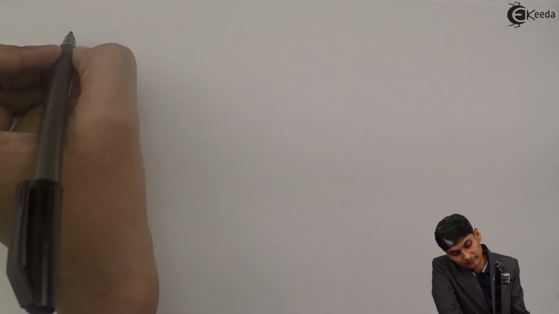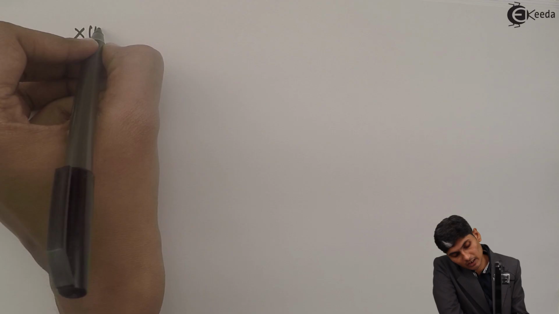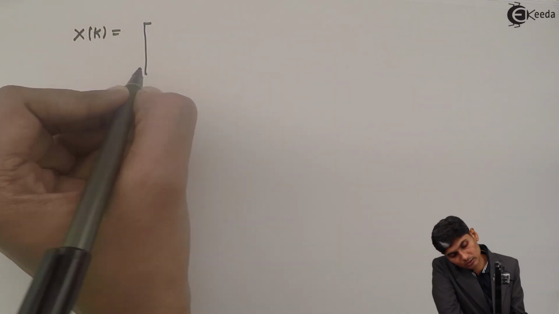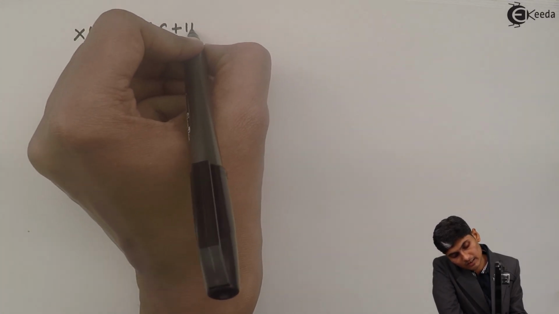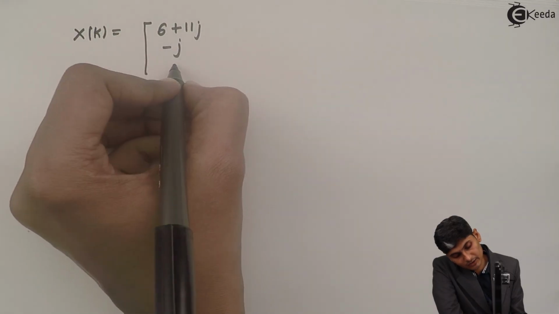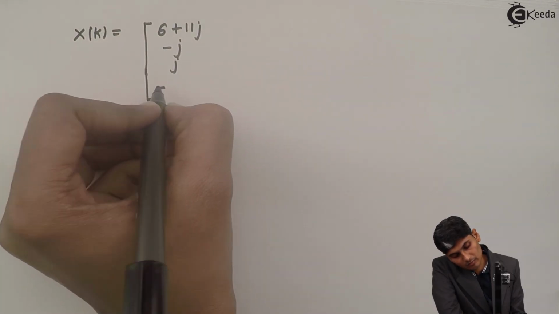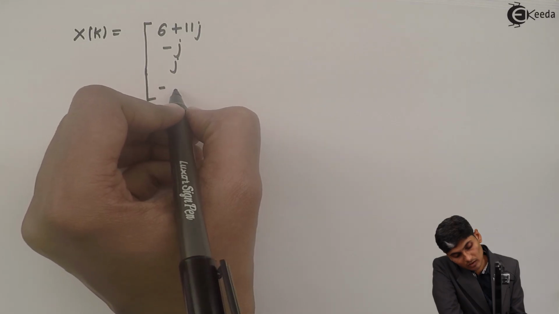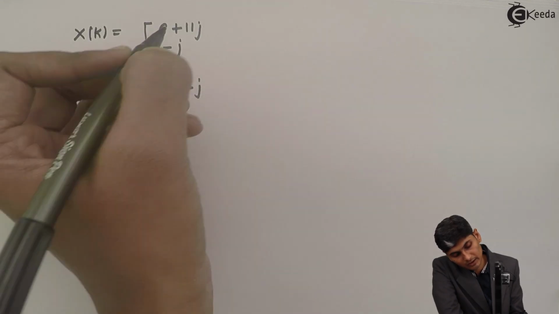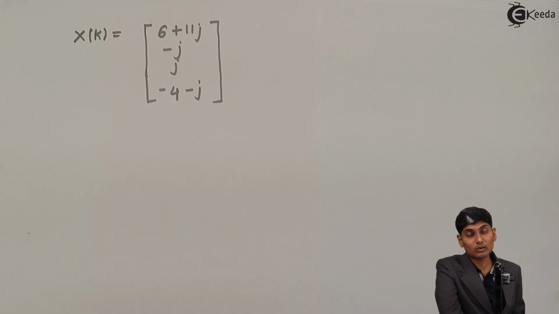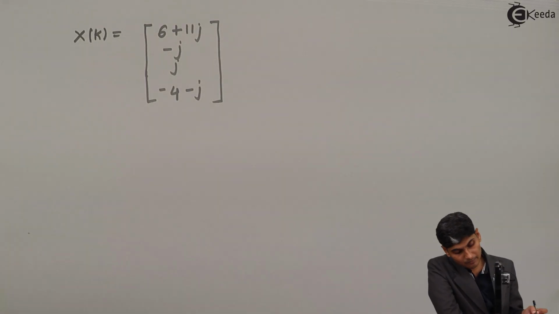So we know that x of k is equal to 6 plus 11j, minus j, plus j, minus 4 minus j. That is the solution of x of k.